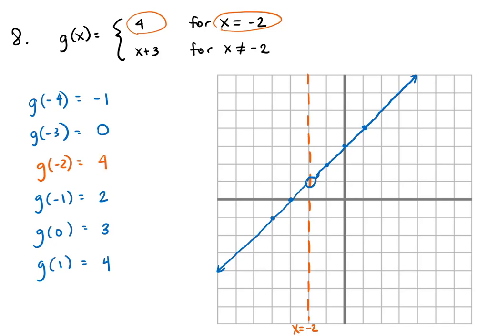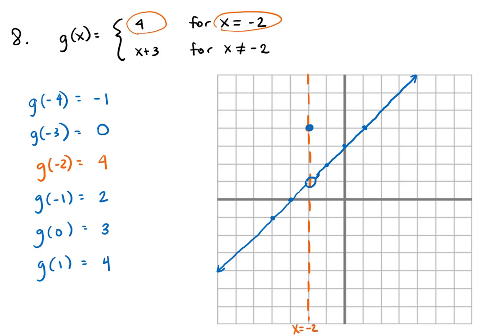Then we're going to put the value at 4. Let's put it in blue. And so you can see this piecewise function is a line that's consistent everywhere except for one spot where it jumps to a different value and then it jumps back to that line.